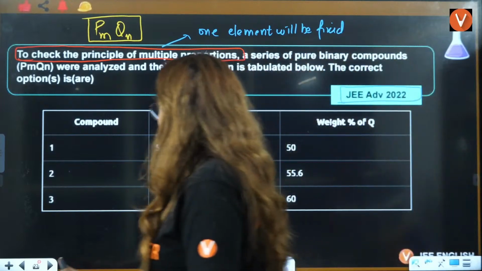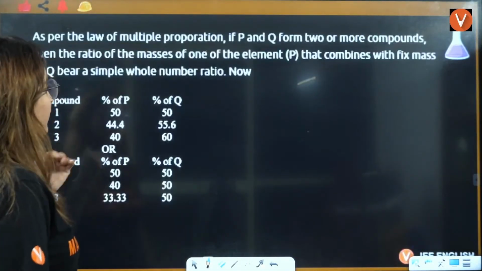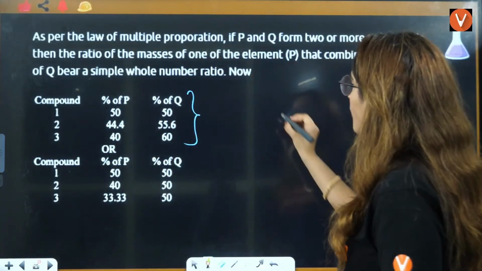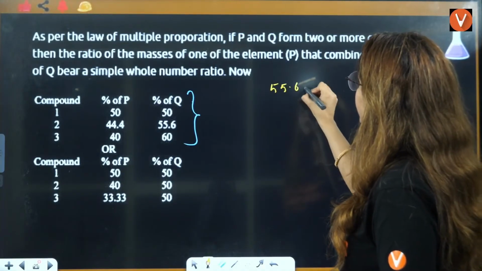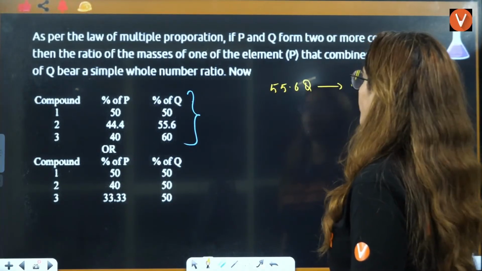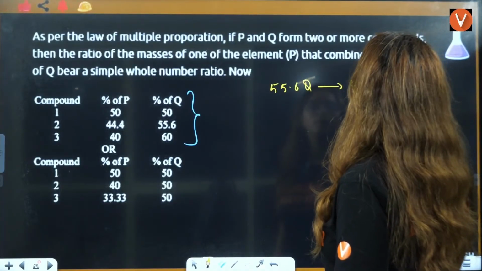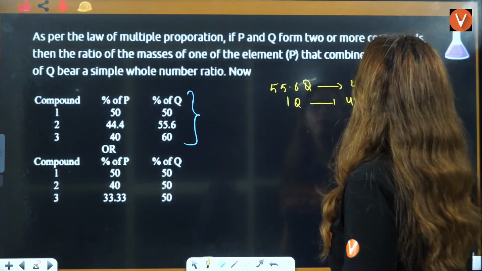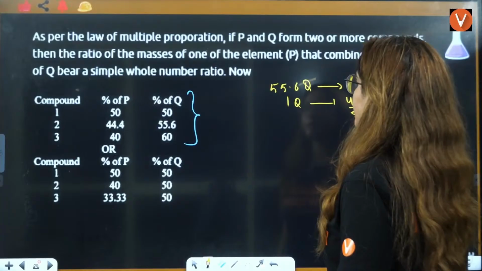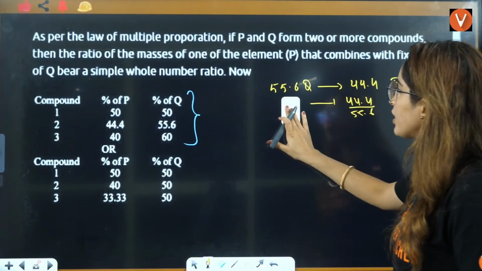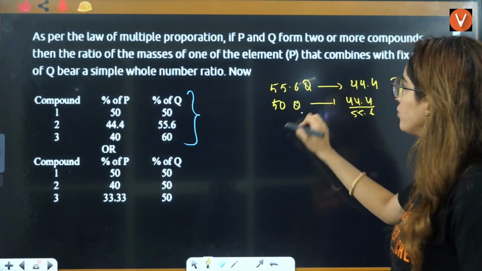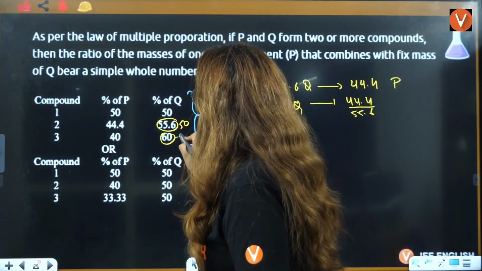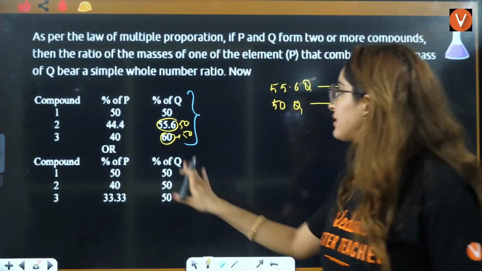Okay. So when I want to make this, then what will I do? This is the original percentage. Now see this thing. We can say in 55.6 of Q, you have 44.4% of P. Then 1 of Q will have 44.4 divided by 55.6. Then what about 50 of Q? Because we want to make this also 50, for that we have to apply a unitary method, right?